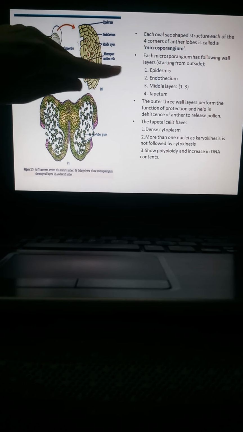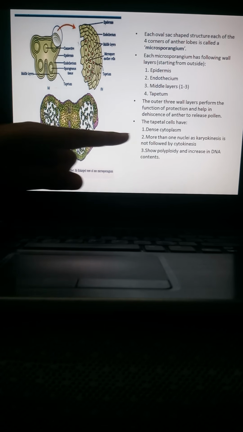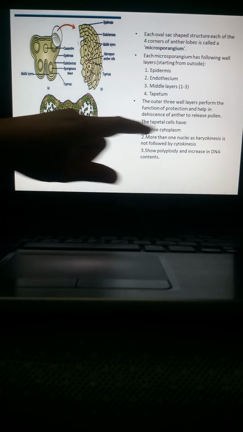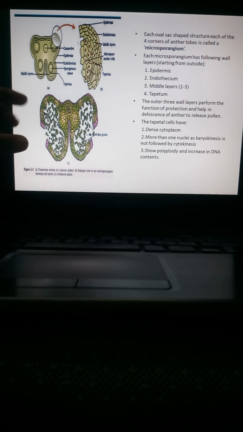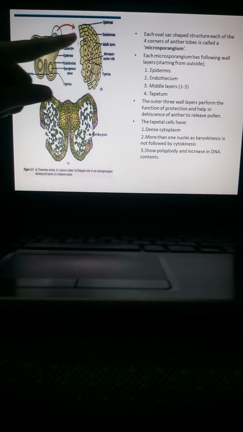The outer three wall layers, that is the epidermis, the endothecium and the middle layers, perform the function of protection, and they help in the dehiscence of the anther to release pollen. When the pollen grains have been formed and the anther is mature, these wall layers become fibrous and stiffen, resulting in the breakage at this point.